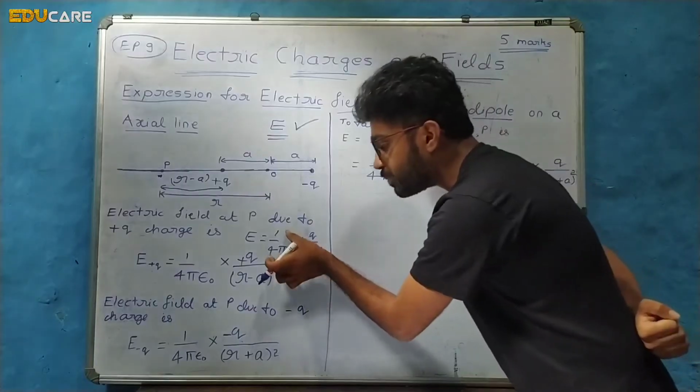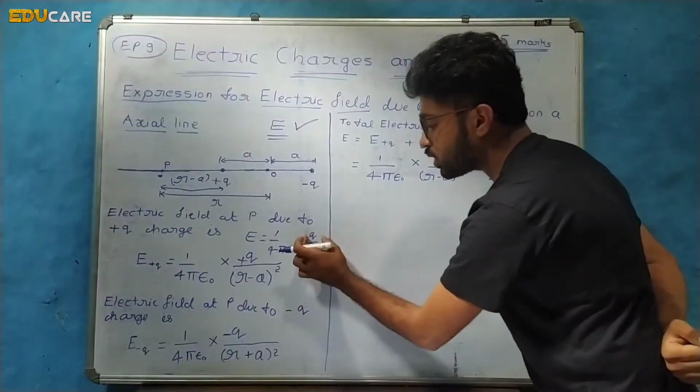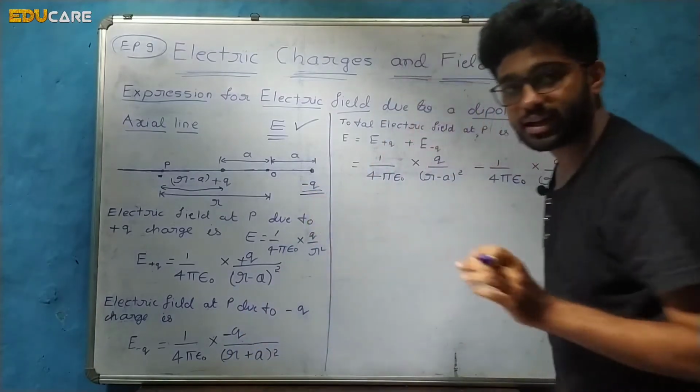So 1/4 pi epsilon naught, and in the place of Q we replace by minus Q because we are considering the negative charge.